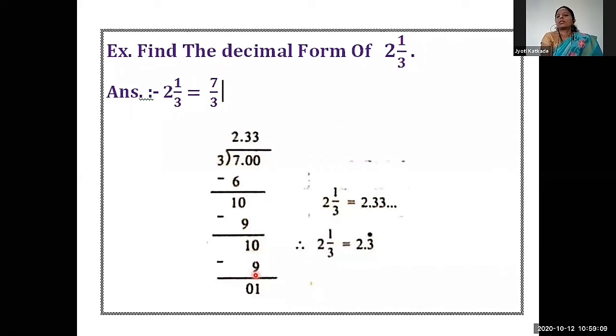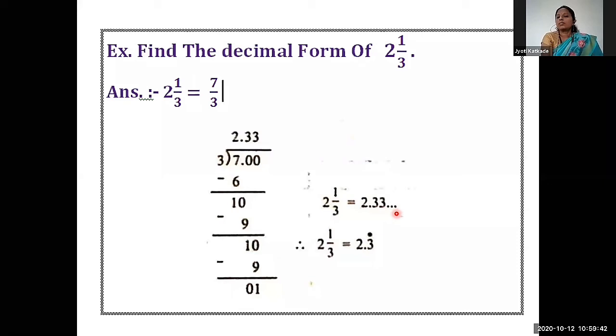That is, 3 threes are 9. When we subtract 9 from 10, again we get 1. Again there is 0, means 10 is there. The value 1 is repeating, means we get 10, 10, 10. Means remainder is not 0 there. That is 2.333, means 3 is repeating.